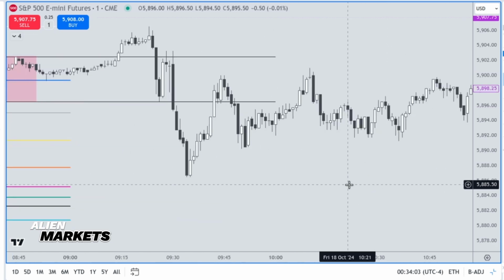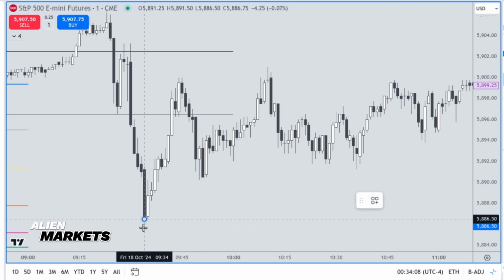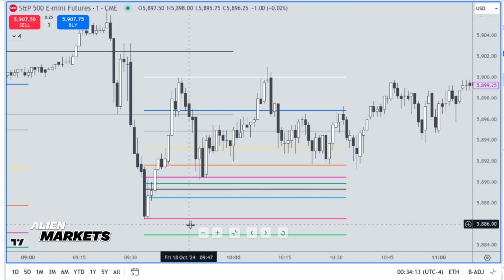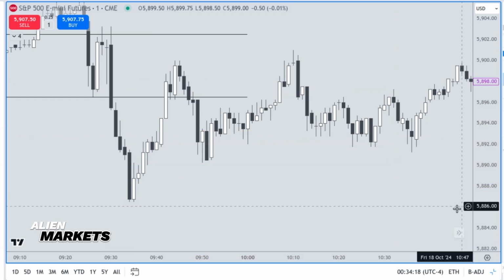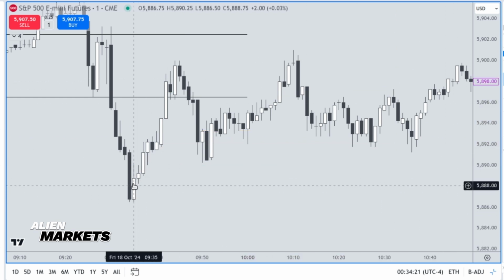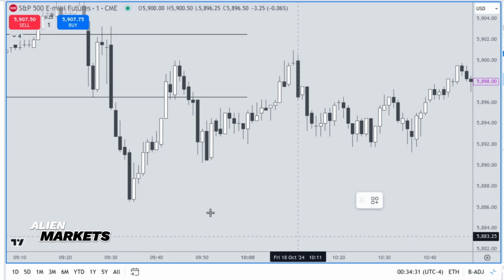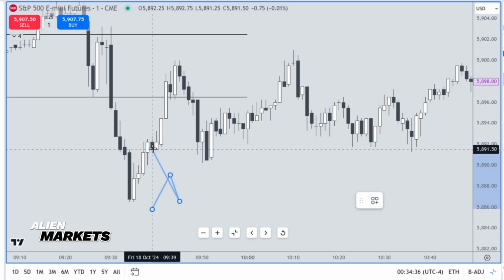And as you may have wondered, we could have taken a long also, because this movement right here, if we have an up close candle, and a down close candle, and an up close candle, it means that price did this. It was a retracement. This down close candle was a retracement.